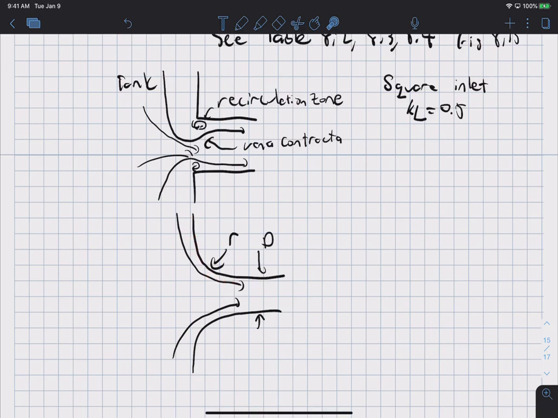And so here, for these, KL is about 0.3 to 0.04.